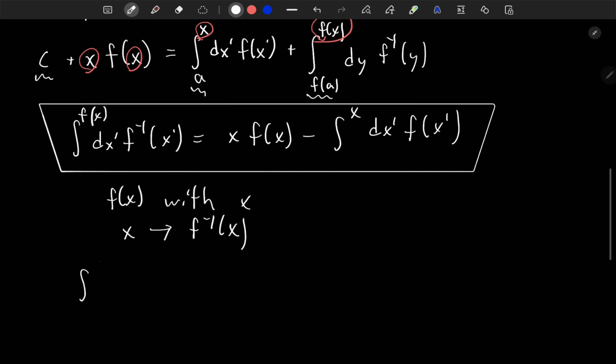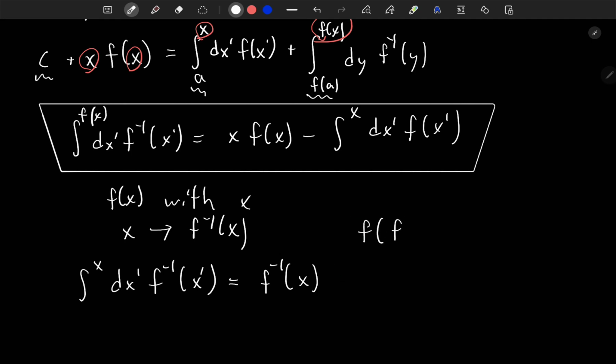So we're going to have something like this. We just replace that. And then x becomes f inverse. And f, well, it's going to be f of f inverse. So it'll just give us x.